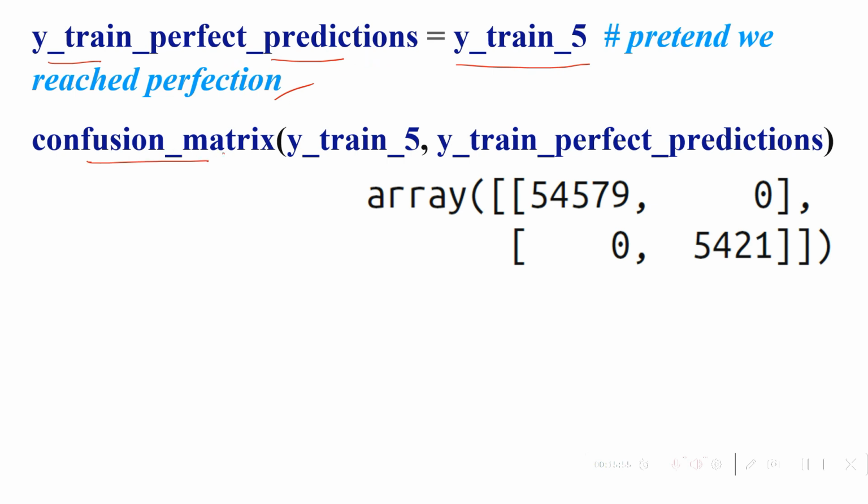Then we find the confusion matrix again with y_train_5 as the actual values and y_train_perfect_predictions as the predicted values. Here all are correctly classified as not 5, and all are correctly classified as 5 handwritten digits.